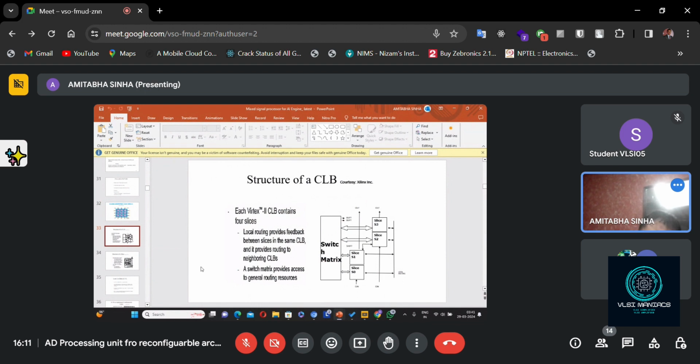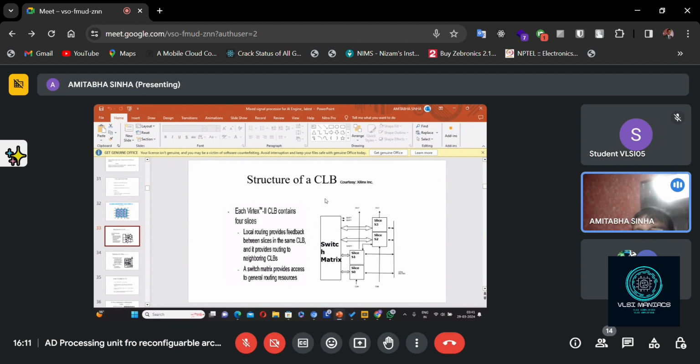Okay, still we have some time. Now here is the typical structure of the Xilinx Virtex FPGA, the initial stage. Virtex is very powerful, but now various types of FPGAs have come in the market.